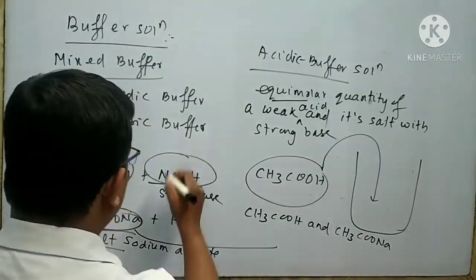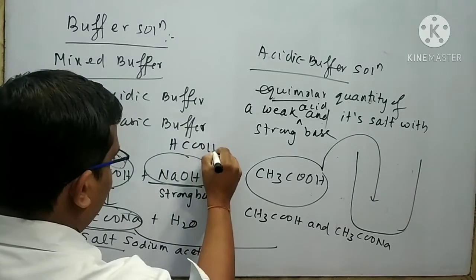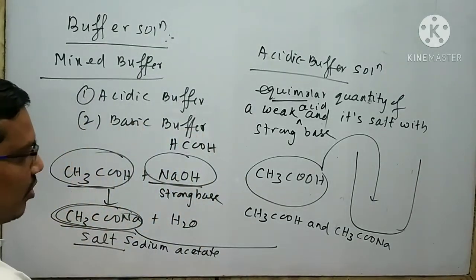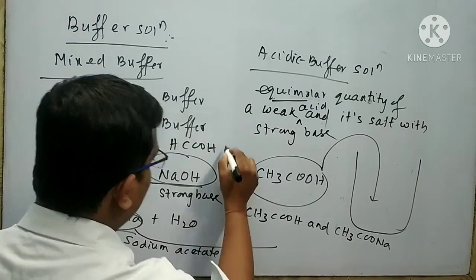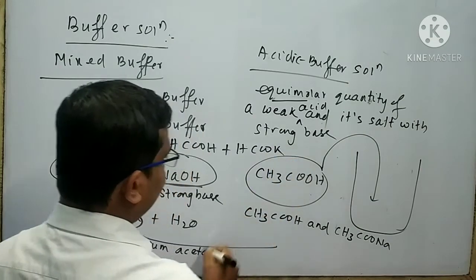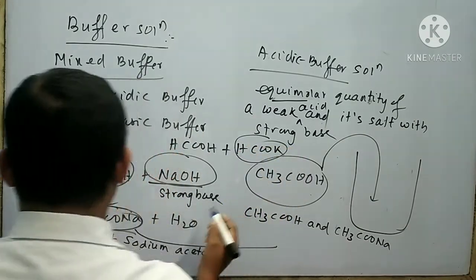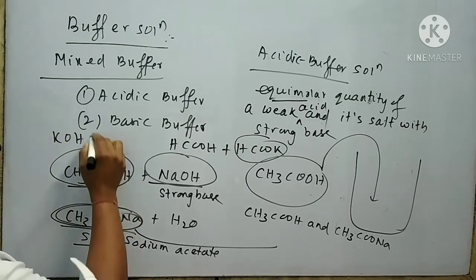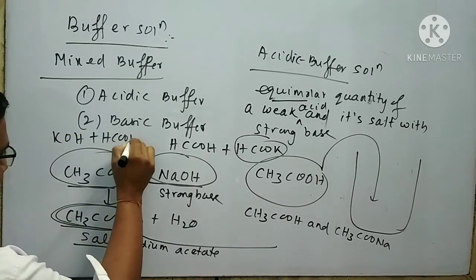Similarly, take another example. This is your formic acid and its salt with a strong base. Suppose I want to take HCOOK, because this salt is prepared with the help of the strong base KOH and formic acid.